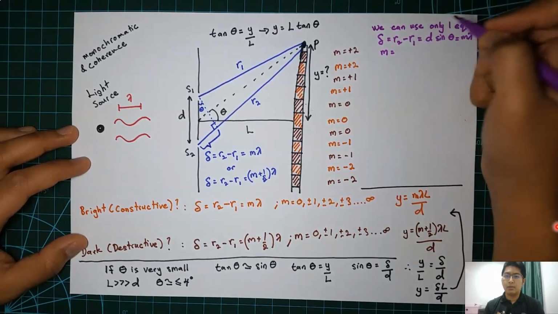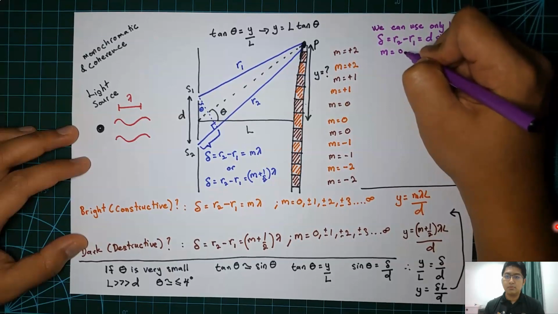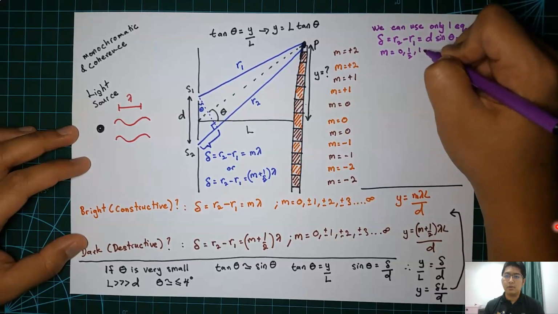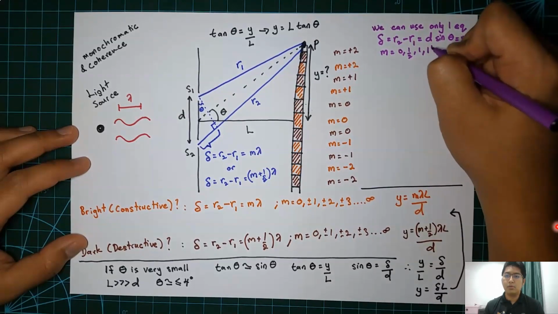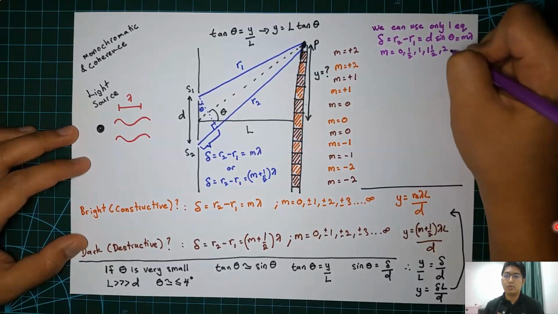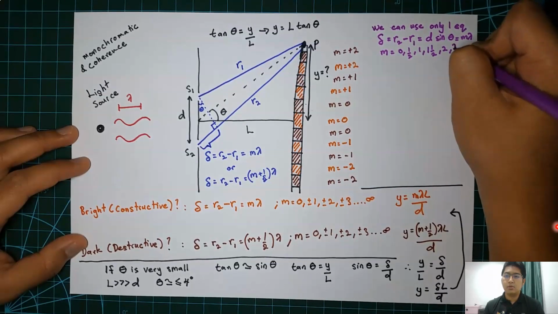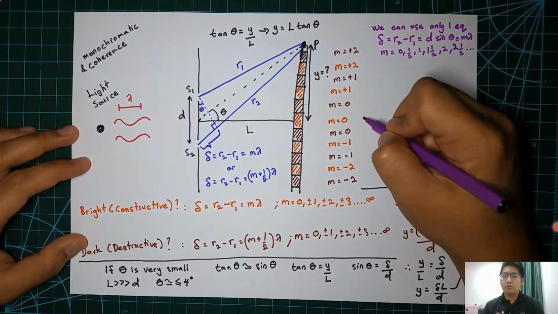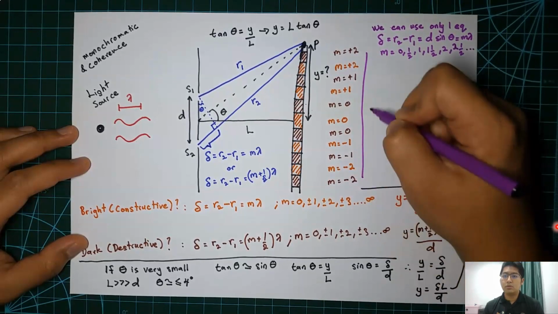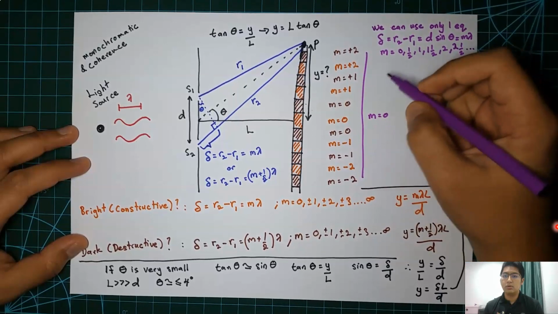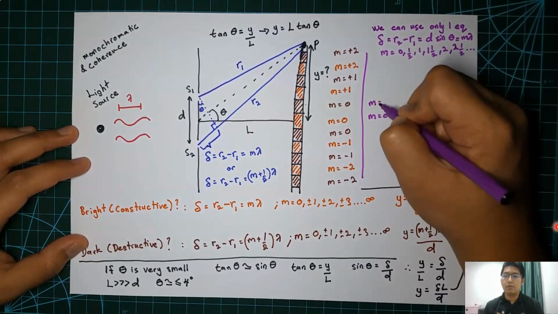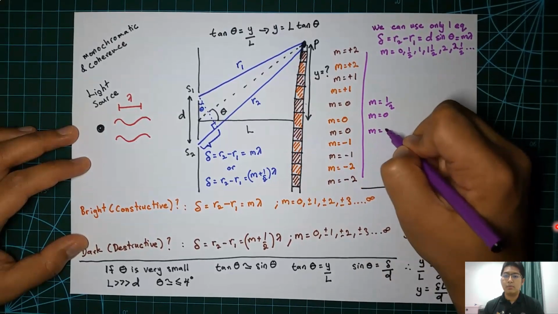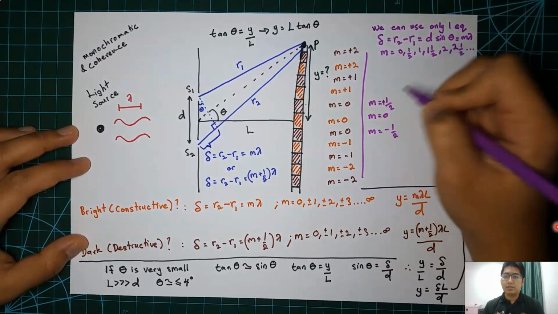It must start with 0, and then the following fringe will be half, then 1, then 1 half, then 2, then 2 half. Integer numbers 0, 1, 2, 3 and so on apply to the bright fringes, but the half numbers apply to all dark fringes.